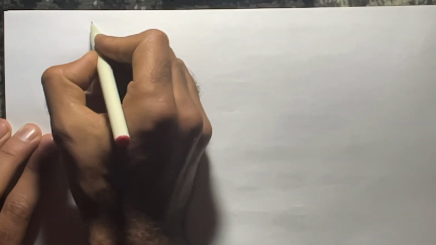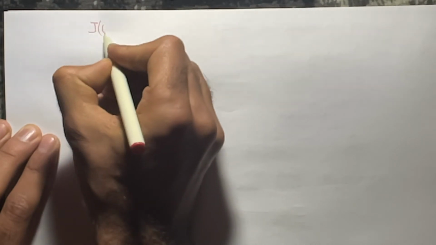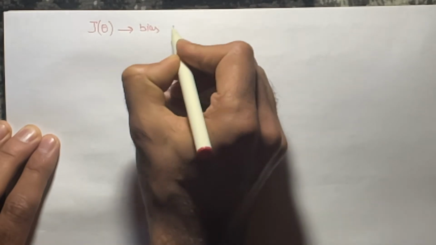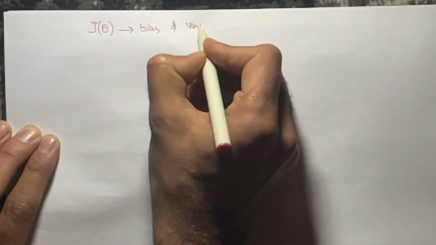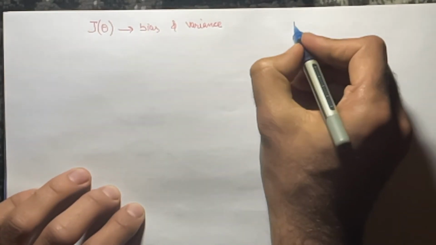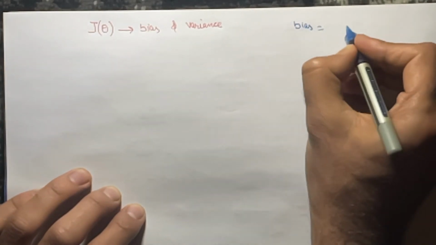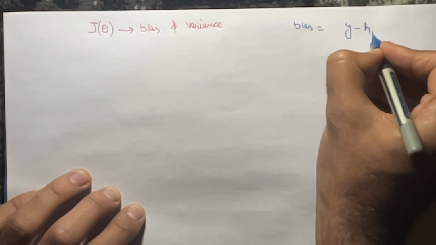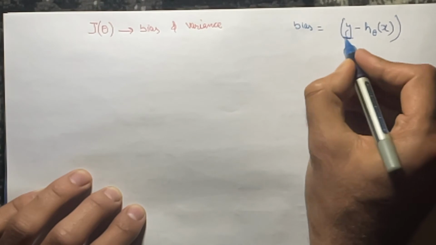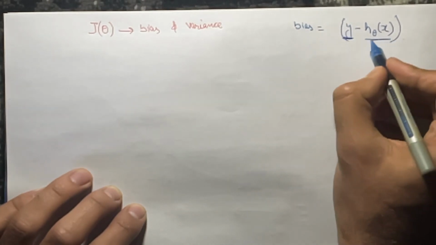What is our aim? Our aim is to find out how we can express this j theta as a combination of bias and variance. We already know what the bias is: y minus h theta x, the difference between the actual and the predicted value.